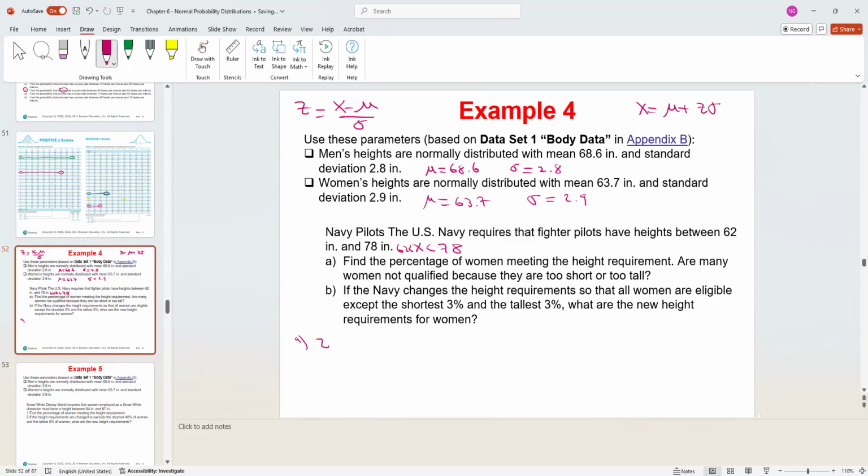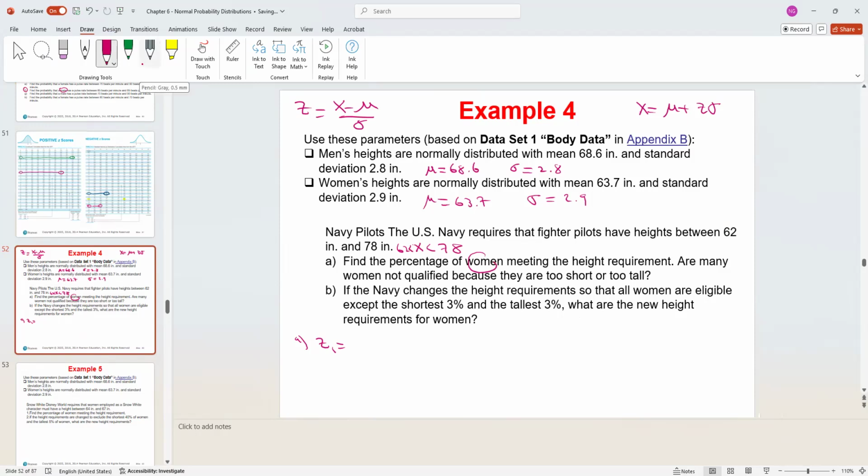You need to convert the first Z. That means 62 minus the mean for... Hold on. Oh, we need to do female. Find the percentage of women not qualified because they are too tall. So we're not using the male here. Even though this information is given, we don't use it. We're gonna do it for female.